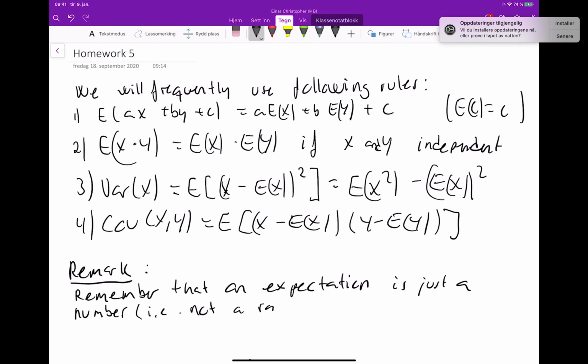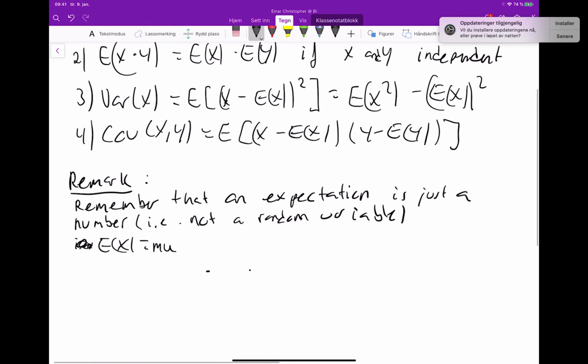So how can we interpret this? For example, the expectation of x, we could interpret that as mu, which is just a number, normally the population mean. Okay, so this is just something I will use in exercise 1 now.